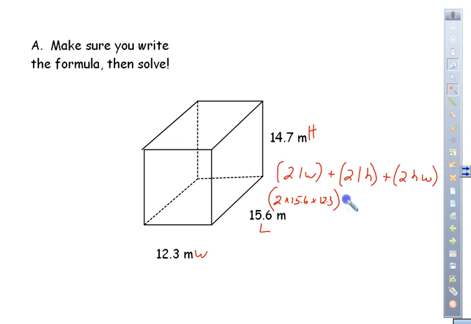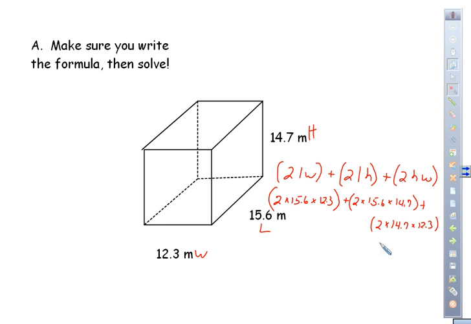My next one is going to be, and I'm adding it, 2 times my length, which is 15 6/10, times the height, which is 14.7, plus my 2 times the height, which is again 14 7/10, times my width, which is 12 3/10. And now we can multiply all that together.